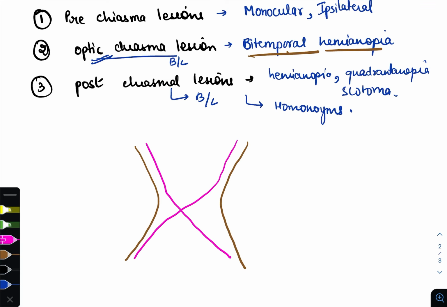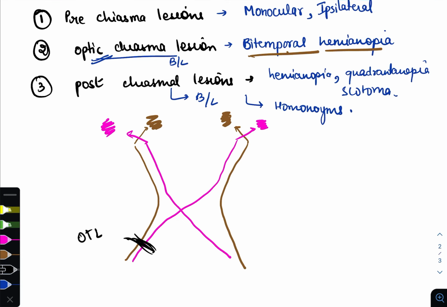Suppose this one crosses and goes like this. This eye will see this area, this eye will see this area, meaning the nasal field of view, and the pink one will see the temporal field of view.